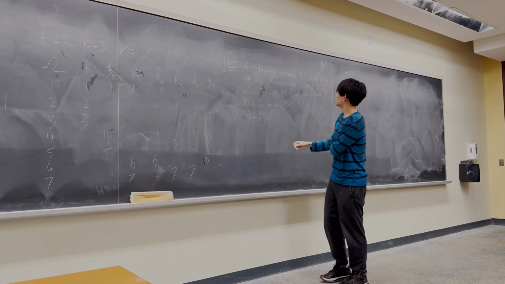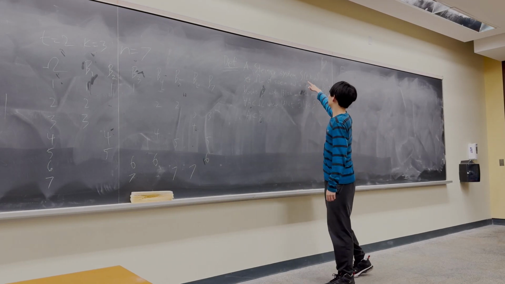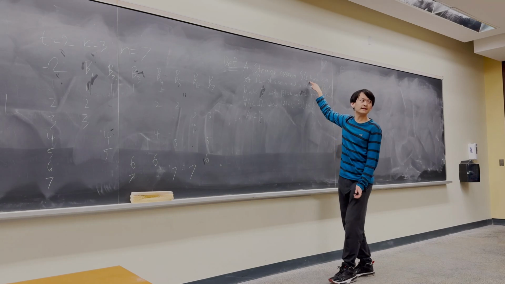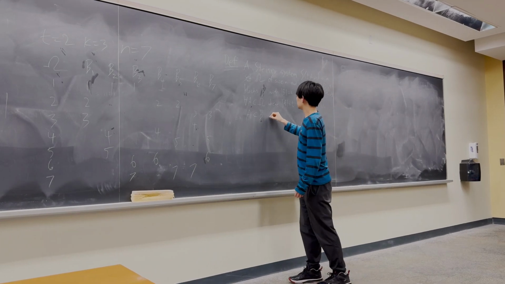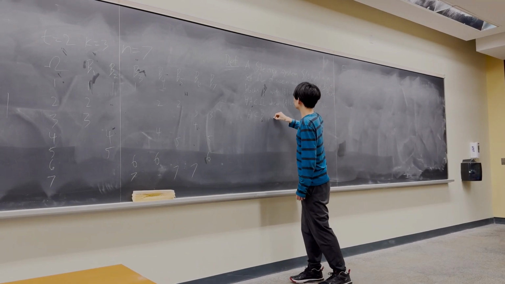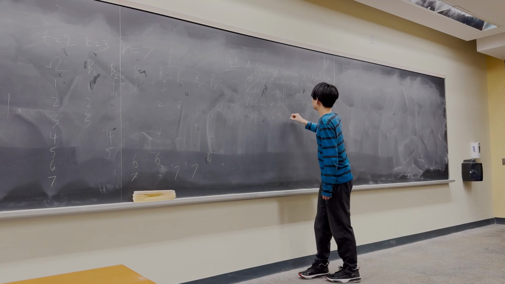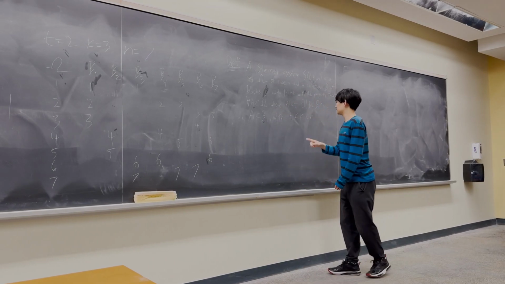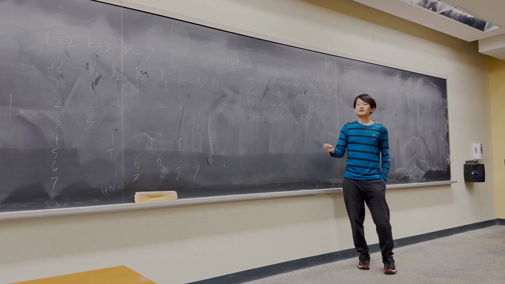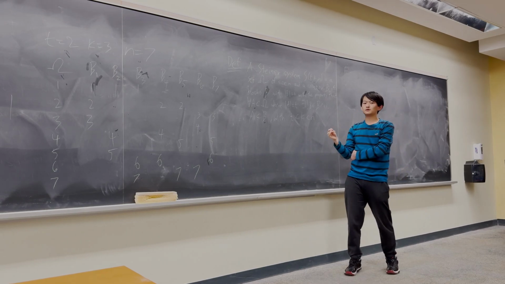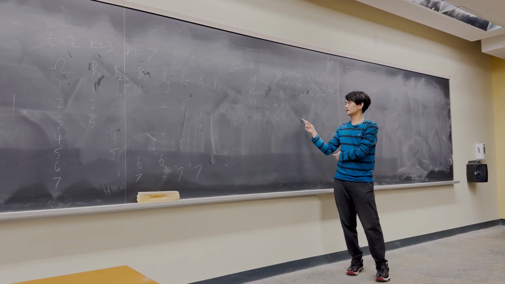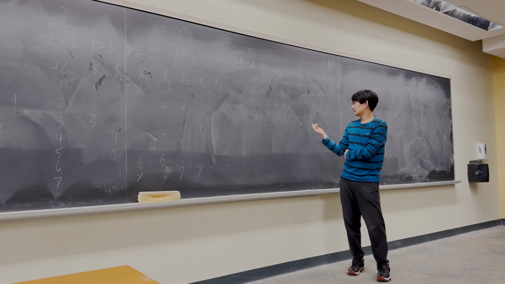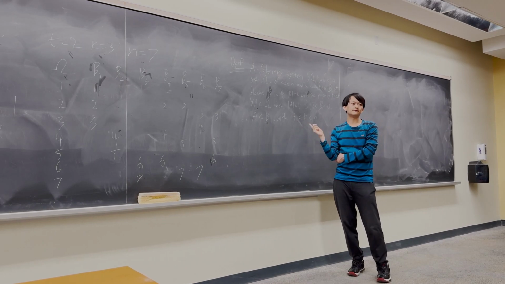Perfect. Now we do have some requirements on what t, k, and n can be. We require t to be strictly less than k, which is itself strictly less than n. You might wonder, why do we not allow equality? Well, we could think about what happens if we do have equality.